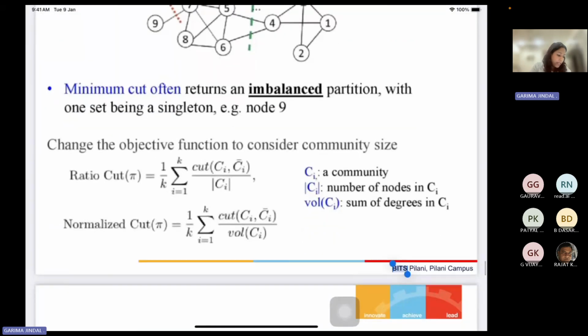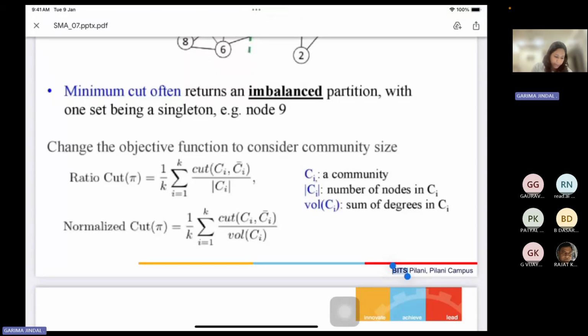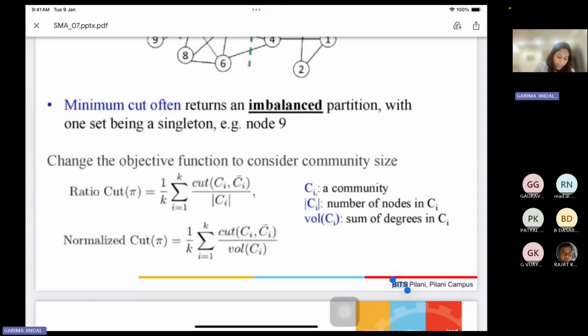So how can you have balanced communities? For that, they came up with these two measures. One is ratio cut and the other is normalized cut. Here K is the number of communities that are forming after deleting the edges.